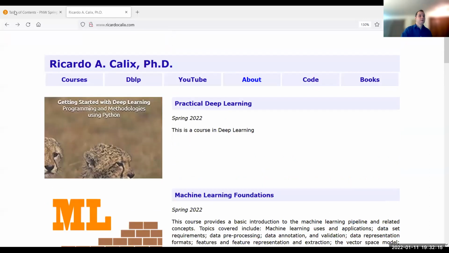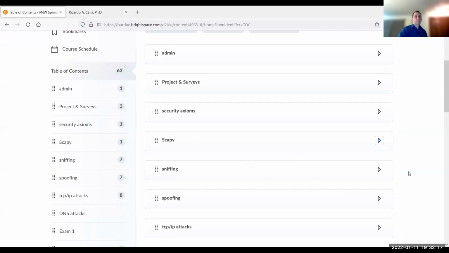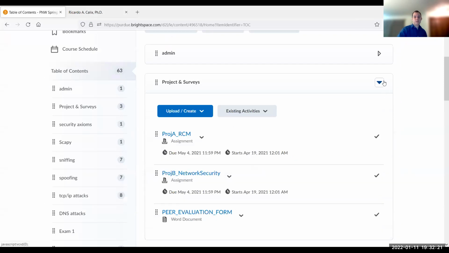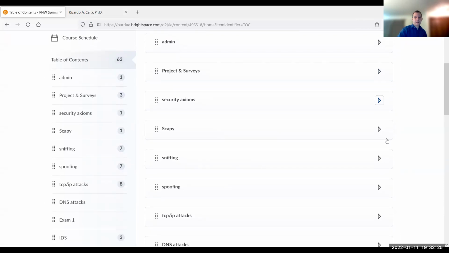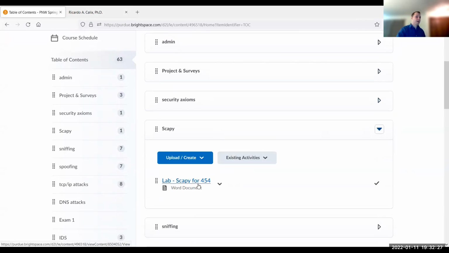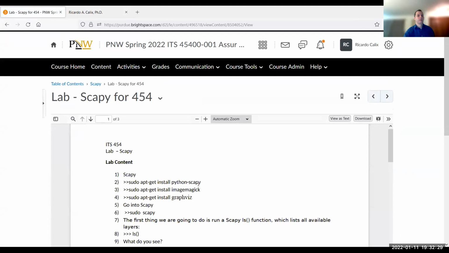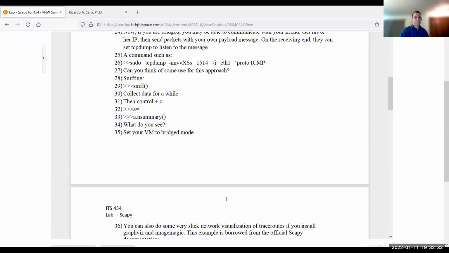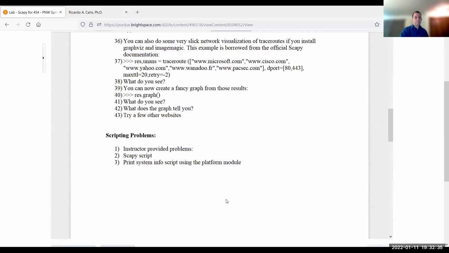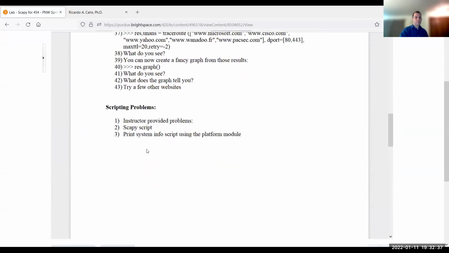If I go here, we're going to go back to the table of contents. So today we covered security axioms. And I kind of started with just this document. You can see here, I have the commands, at least some of the commands, and some scripting problems.